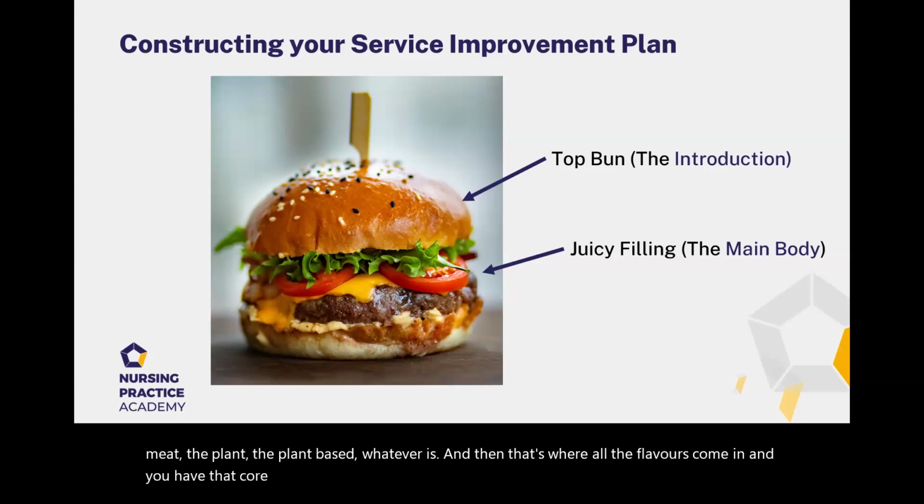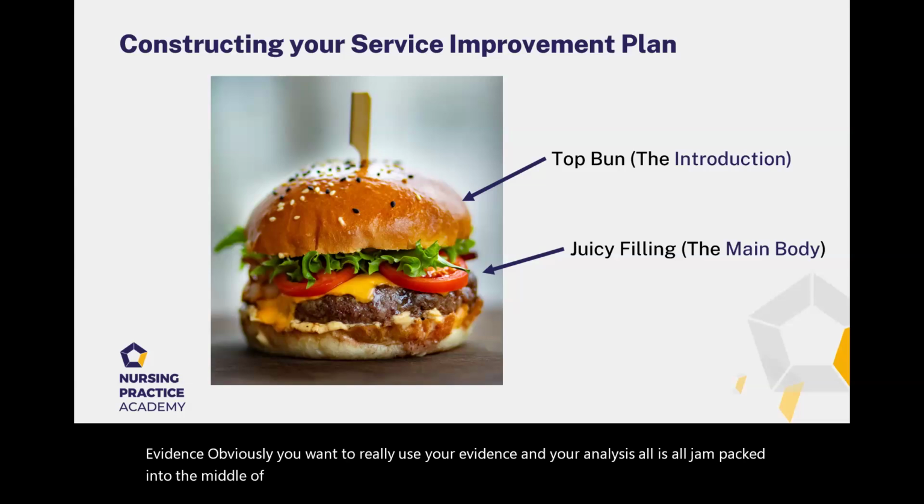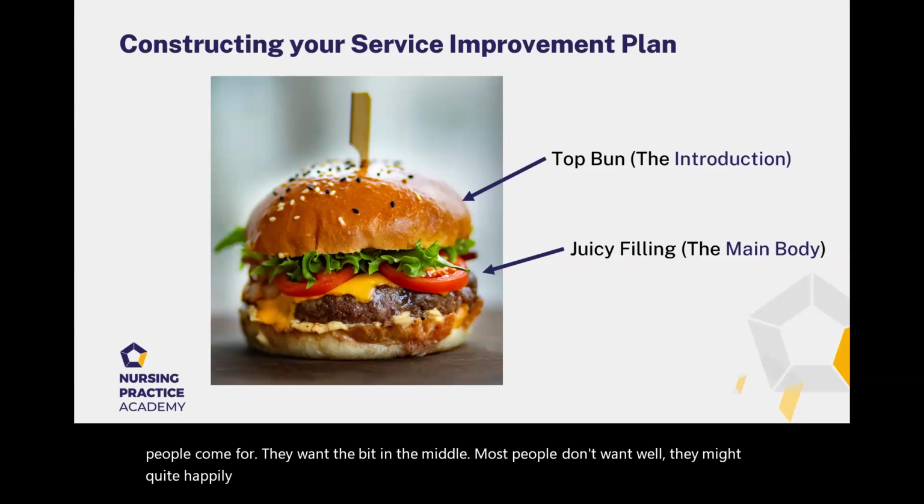That's where you want to really use your evidence and your analysis, all jam-packed into that really juicy bit in the middle, and ultimately that's what people come for. They want the bit in the middle. They might quite happily have the bun, but they really want the meat in the middle, or whatever is your selected option for the middle.